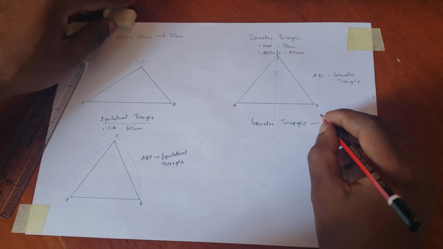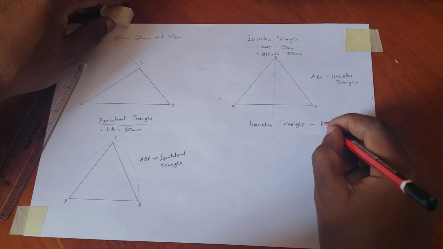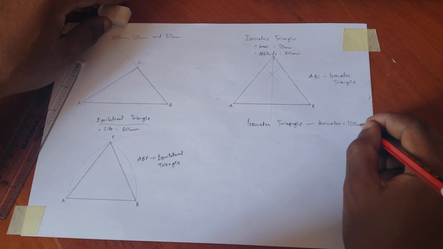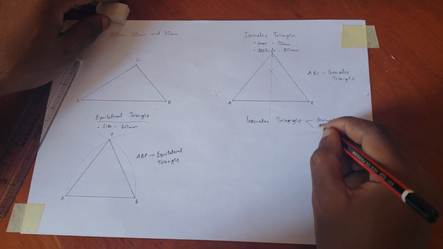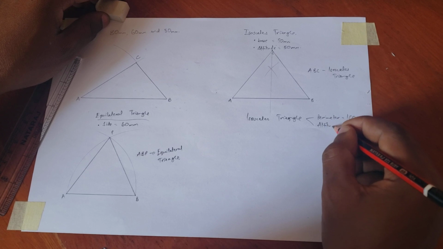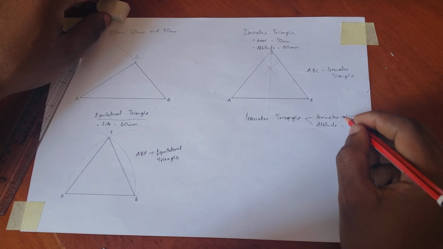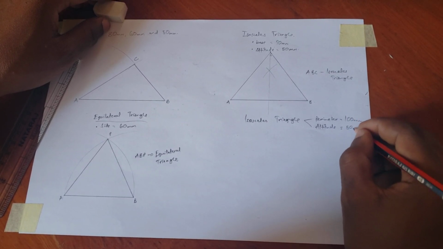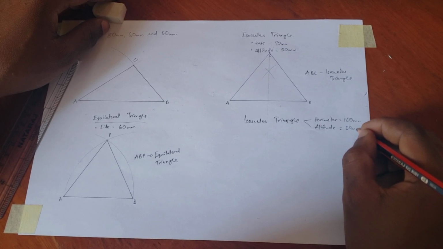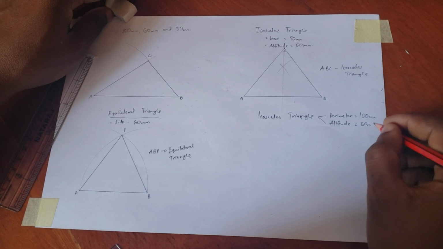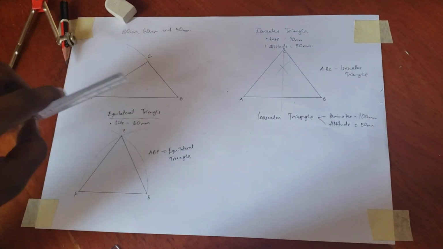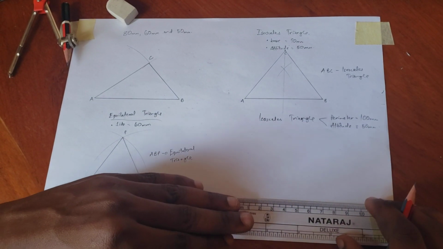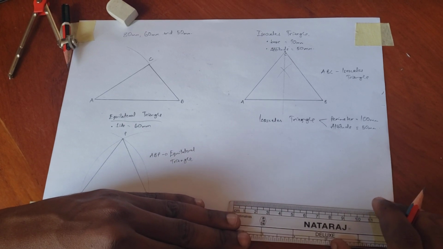We may have been given the perimeter which equals to, let's assume, 100 millimeters, and the altitude equals to, let's assume, 50 millimeters. Now we draw the perimeter.